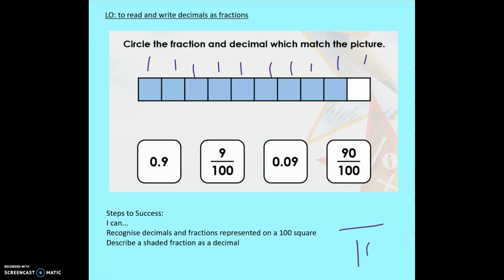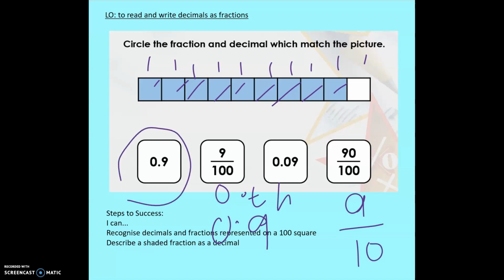So I've got a fraction over 10. I've got 9 pieces coloured in. Now, 9/10 isn't one of my fractions, but I can definitely check what it's going to be as a decimal. If I write my place value again, I've got 9/10, so that's going to be 0.9.